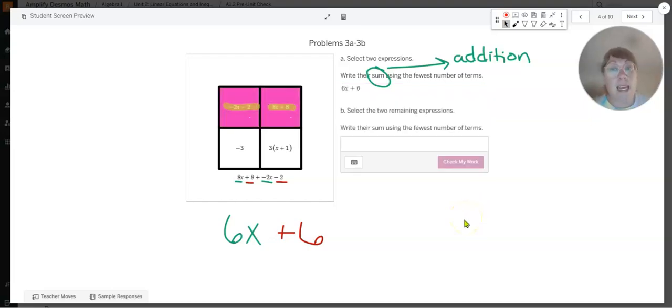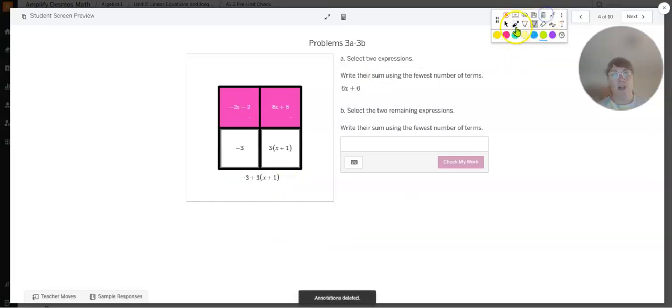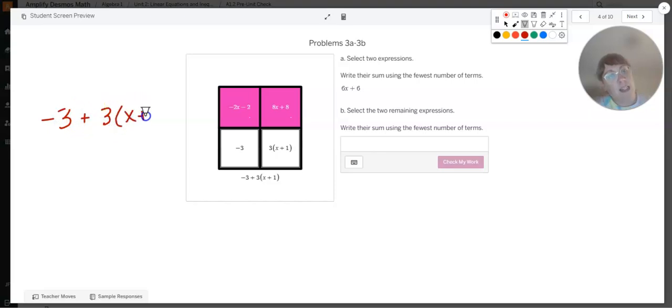Select the two remaining expressions and write their sums. So for this one, we have negative 3 plus 3 times x plus 1. I would distribute the parentheses first.